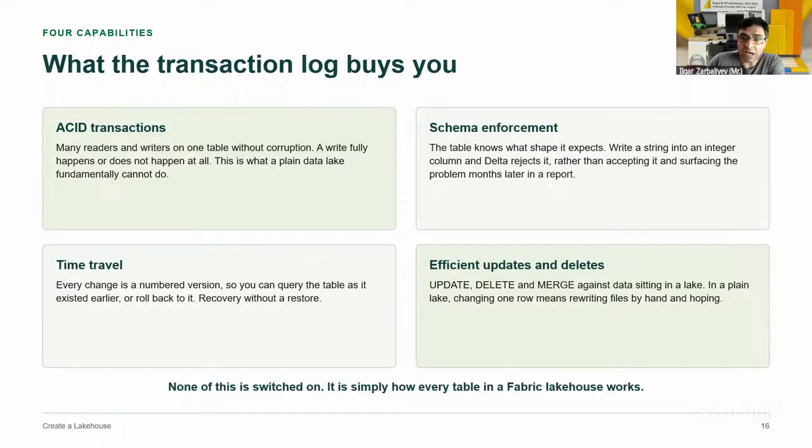And efficient updates and deletes. Update, delete, and merge against data in a lake. That sounds remarkable until you remember that in a plain data lake, updating one row means rewriting files by hand and hoping nothing else touched them in the meantime.